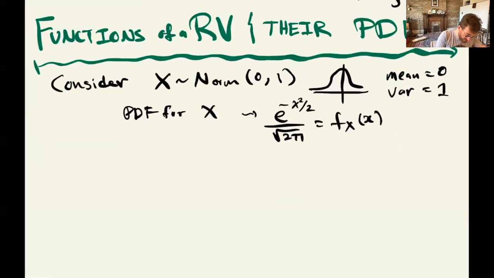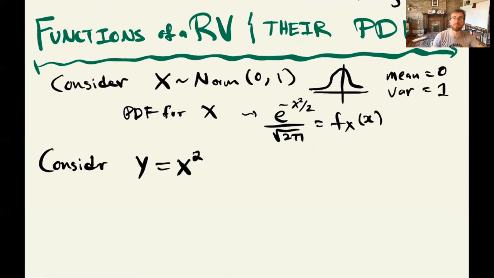Let's consider a new random variable, which is just x, but then we square it. Now, remember, in this case over here, this right here is 0. So 50% of the time, your numbers are going to be over here, which is negative.